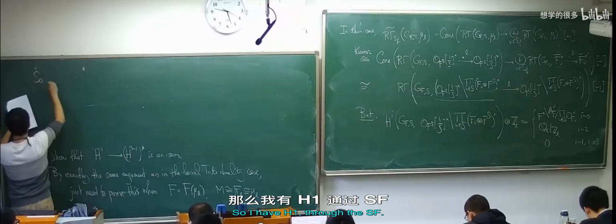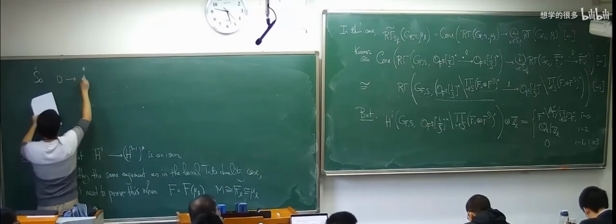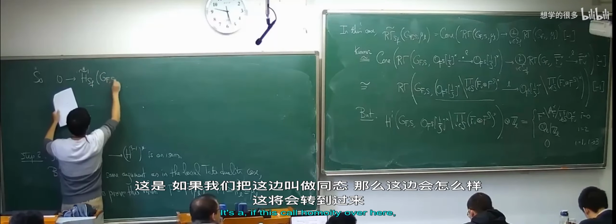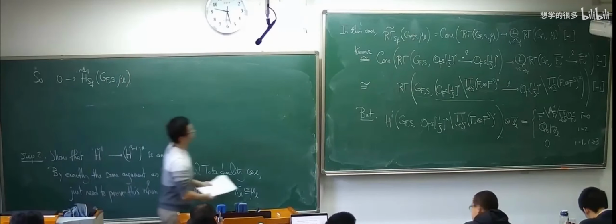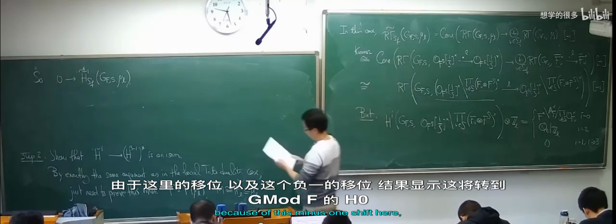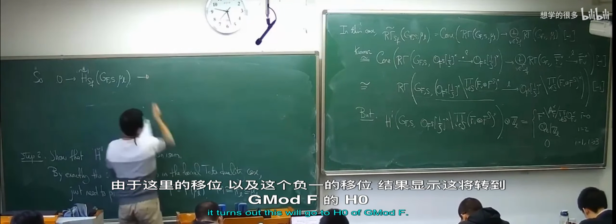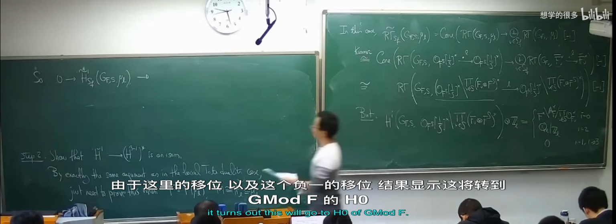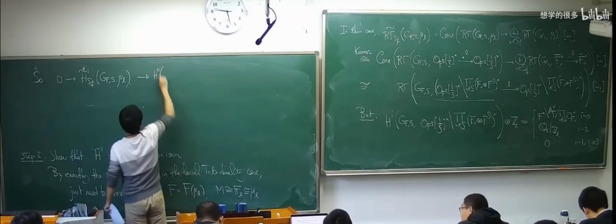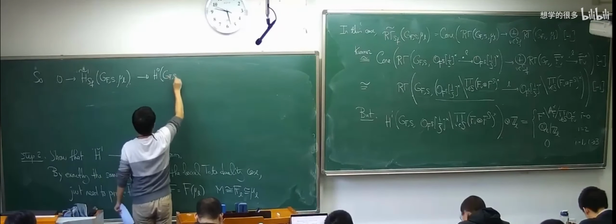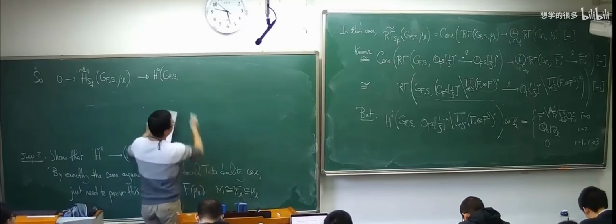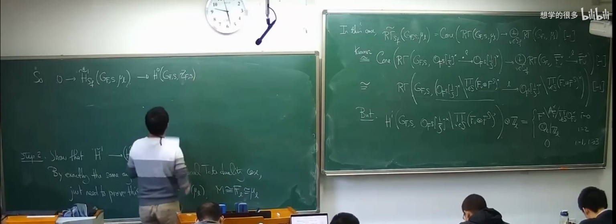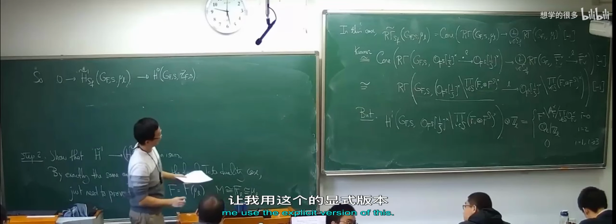So I have H^1 of S_F. It's this cohomology over here. Because of the shift, this -1 shift here, it turns out this will go to H^0 of G mod F of that thingy. Oh, I remember I denoted it by Z_FS. Anyhow, let me use the explicit version of this.